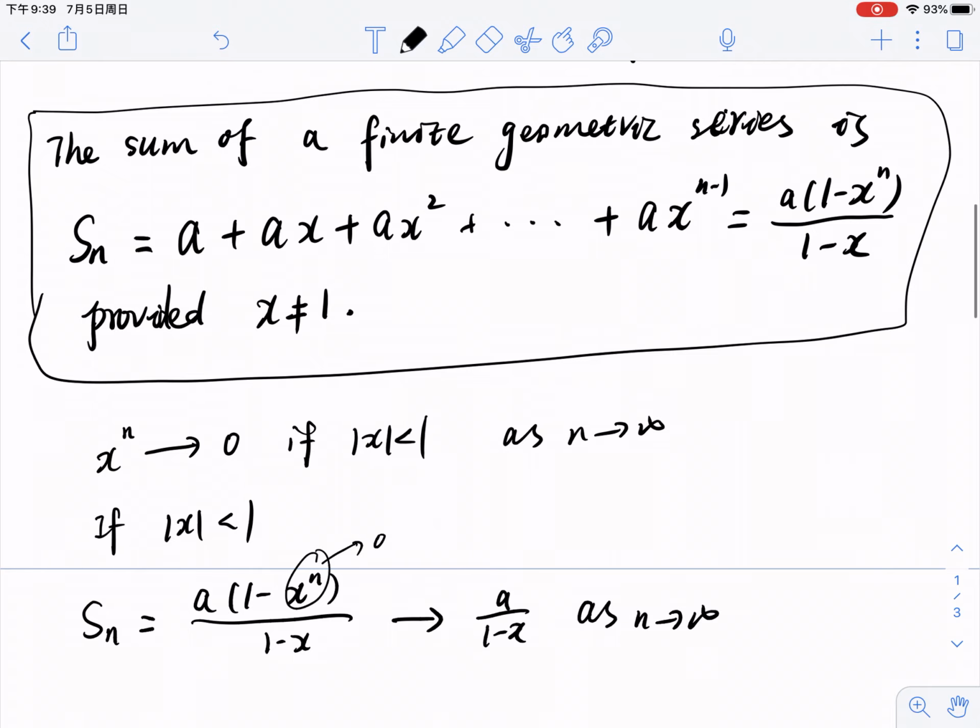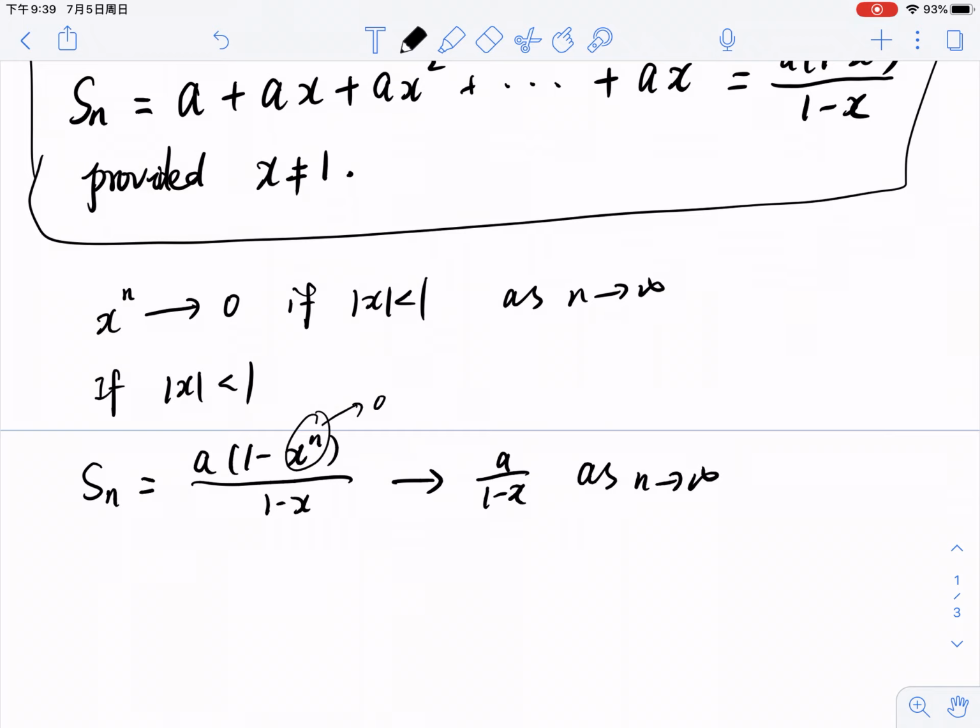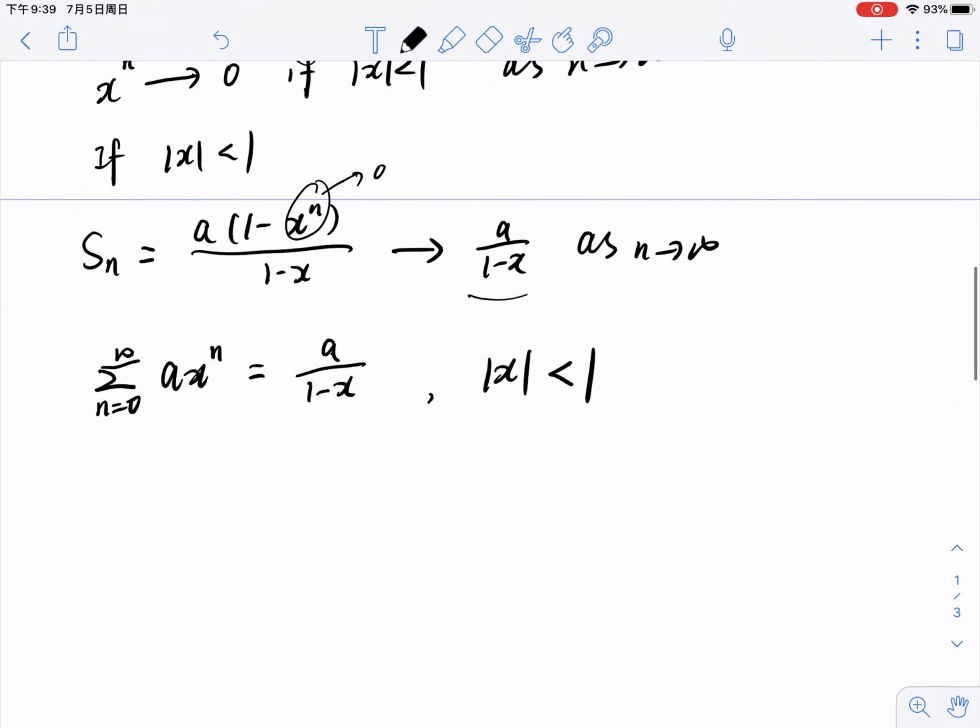So the infinite geometric series converges and has the sum a over 1 minus x, if the absolute value of x is less than 1.